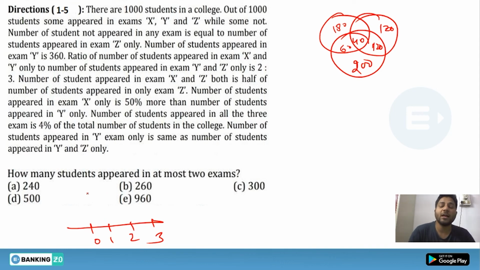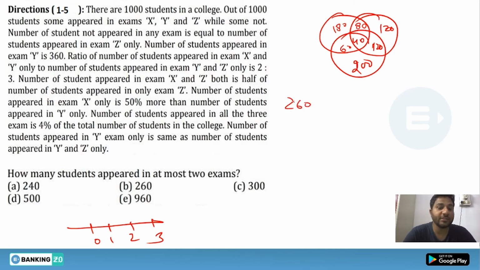Because the condition says you have to find at most, so you can start with the minimum number. Look at this: 80, 60, 140, and 120, 260.